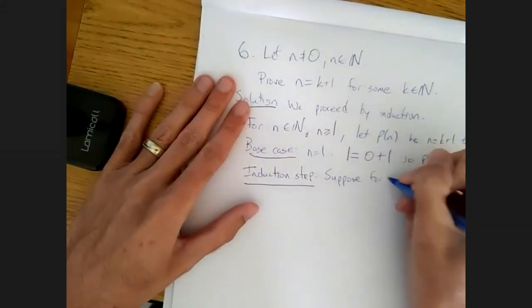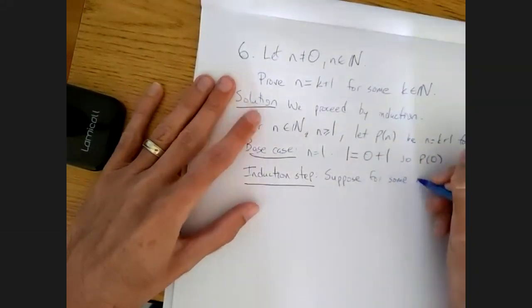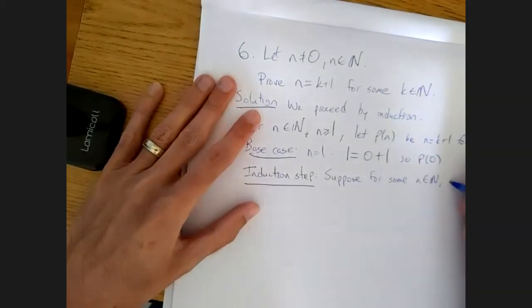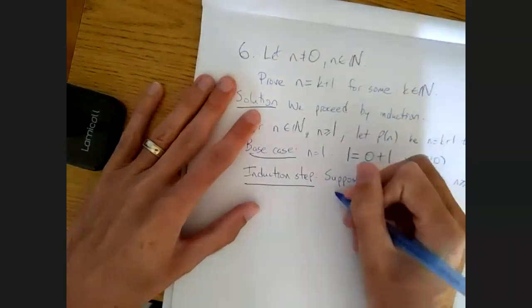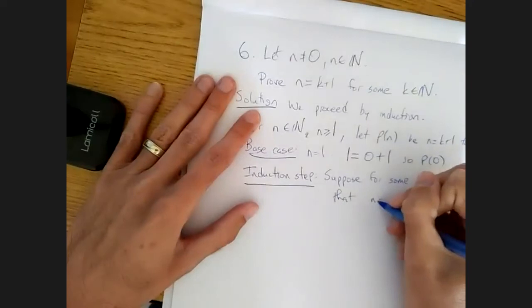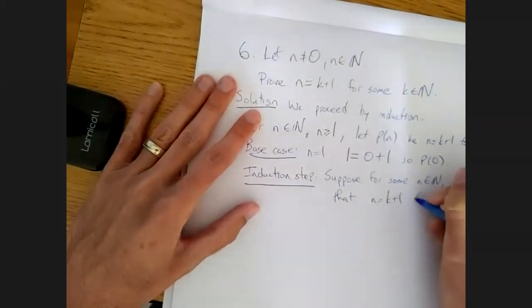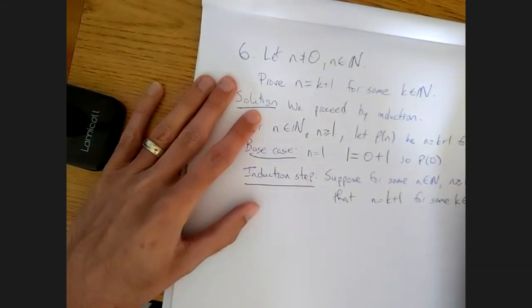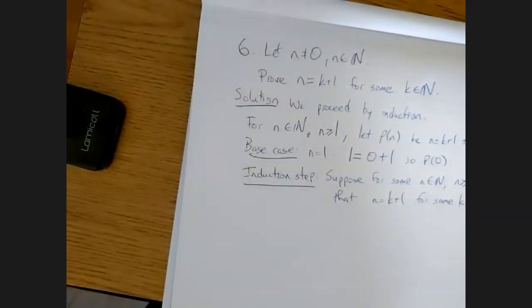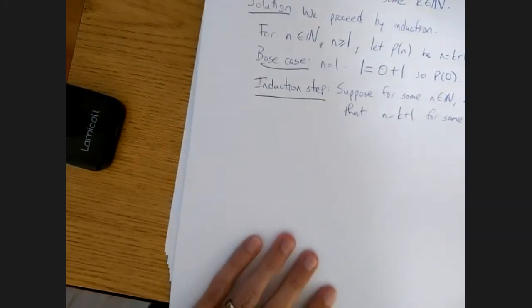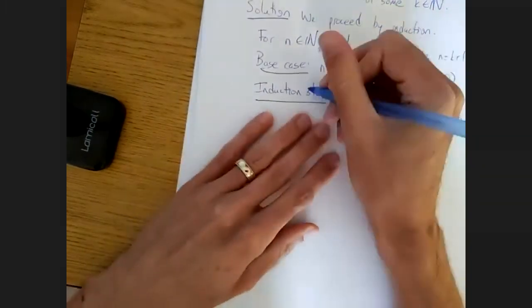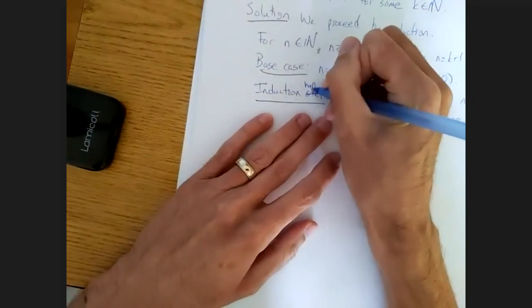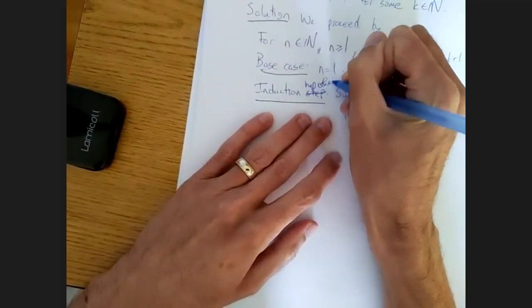Suppose for some natural number n greater than or equal to 1 that n equals k plus 1 for some k. Oh, sorry, that should be the induction hypothesis. Okay, induction hypothesis is that.